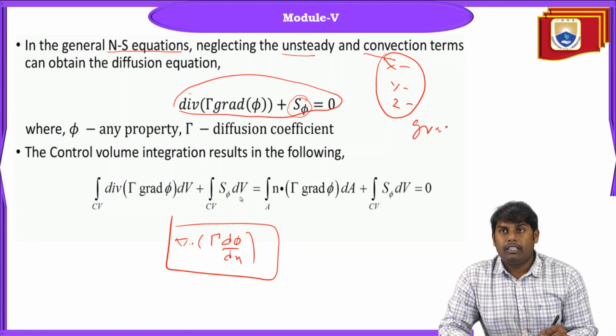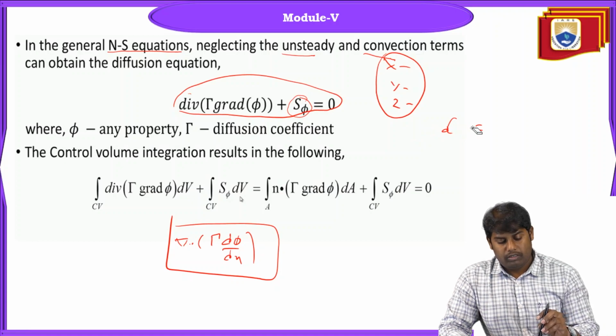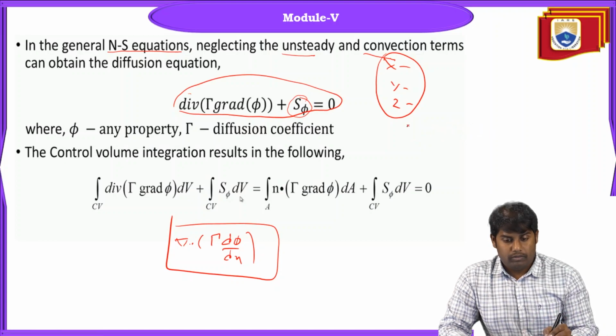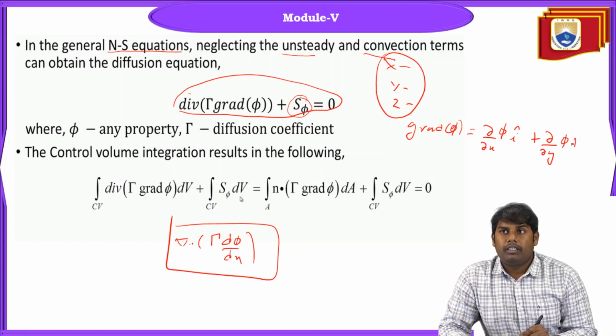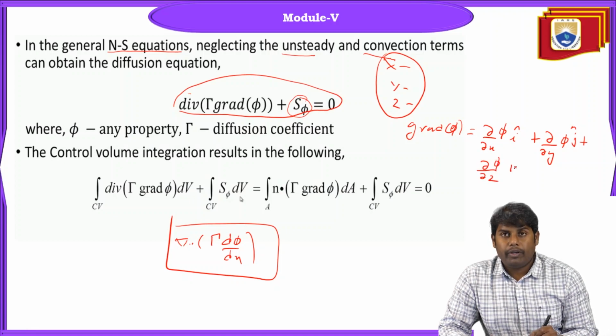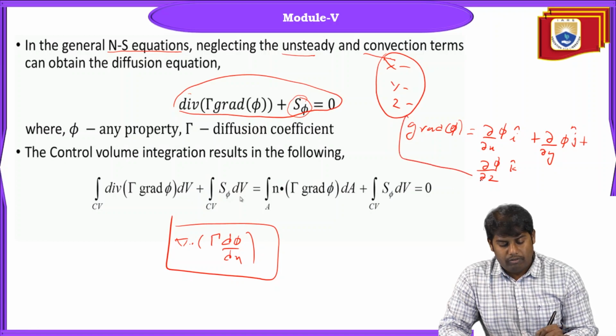So grad phi is equal to dou by dou x of phi times i cap, plus dou by dou y of phi times j cap, plus dou by dou z of phi times k cap. So this is what we have for grad phi.